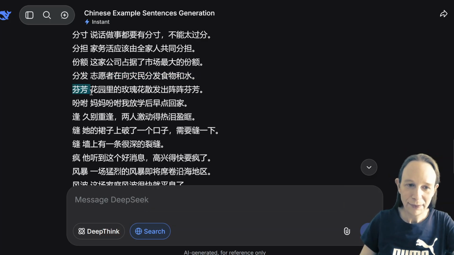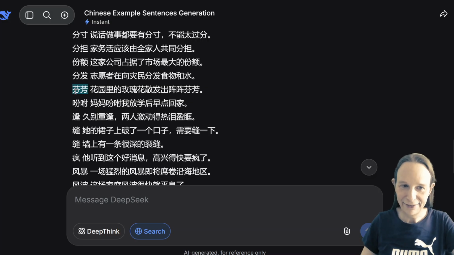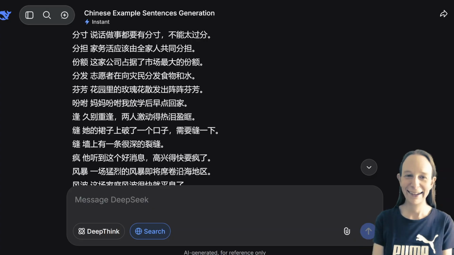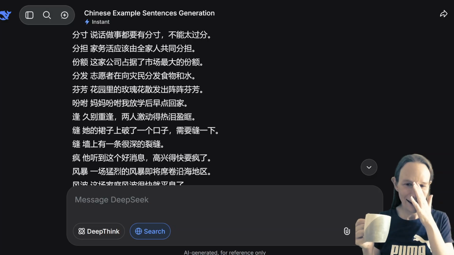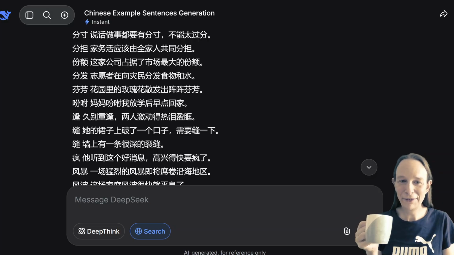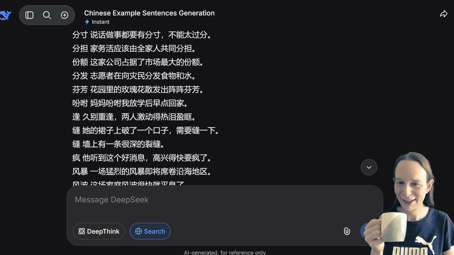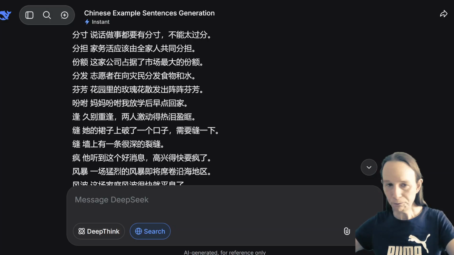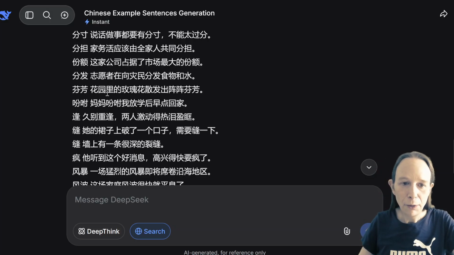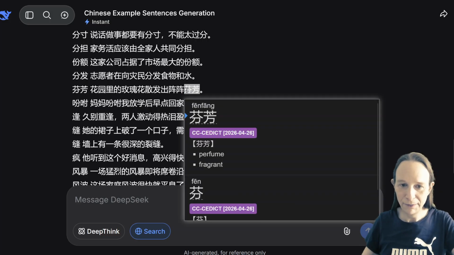All right. 芬芳. Yeah, 芬芳. So you can see the grass on top, the grassy knoll. Yeah, it's going to pertain to plants in some way, but it refers to fragrance, the fragrance of plants and things like that. 花园里的玫瑰花散发出阵阵芬芳.